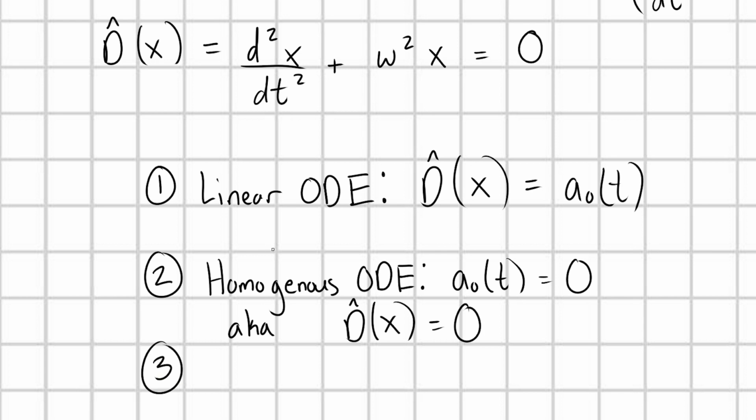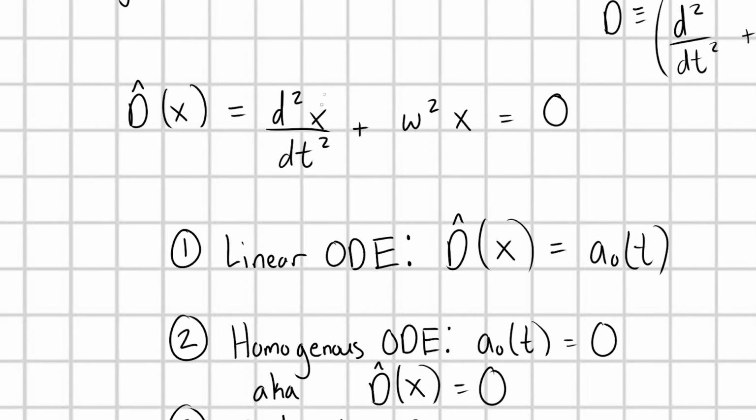We have one more property we can identify. This is also a second order ODE. Why do we call this a second order ODE? Well, that's very simple. Because the order of the highest derivative in this equation is 2. Therefore, it's a second order ODE.